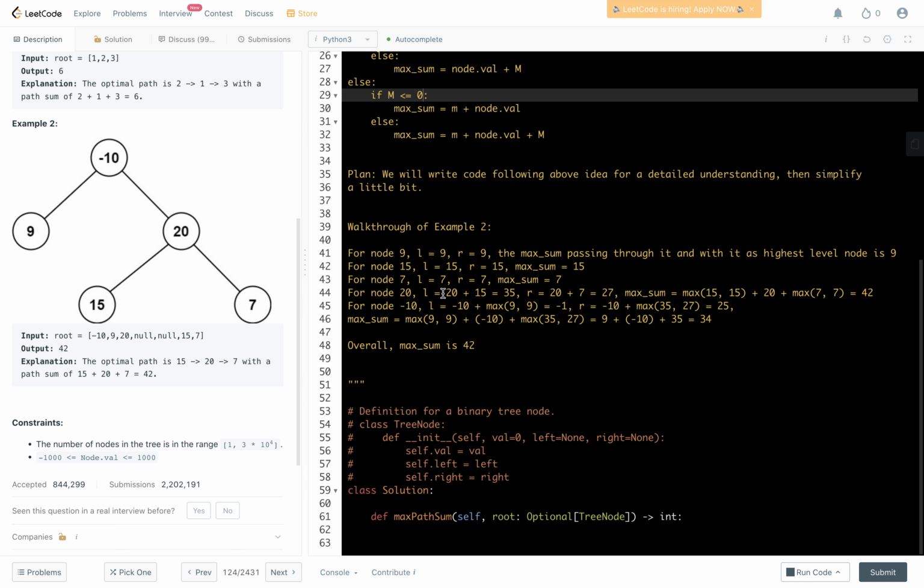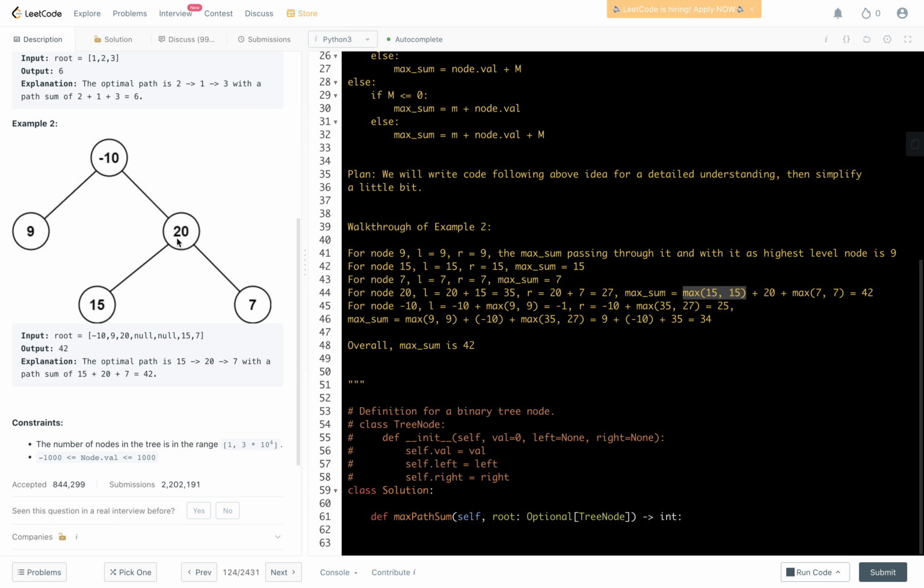Next we're going to compute the corresponding information for 20 for this tree. For 20, we can get L as 20 plus the max of the two pieces of information for the tree 15. That is 15, right? So we get L is 35. Similarly, R is 20 plus the max of the two pieces of information for the right subtree 7.